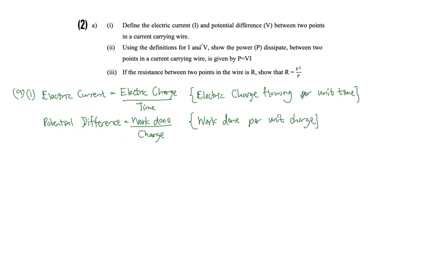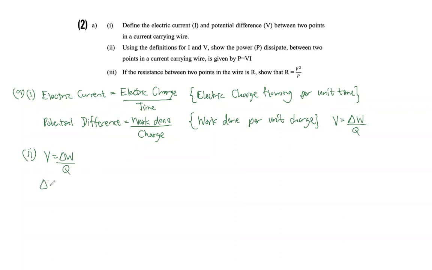Using the definition for I and V, show power dissipated between 2 points is IV. Okay, then I think we have to use the same equation we used earlier. Potential difference, we have already written it, so V equals work done over charge.